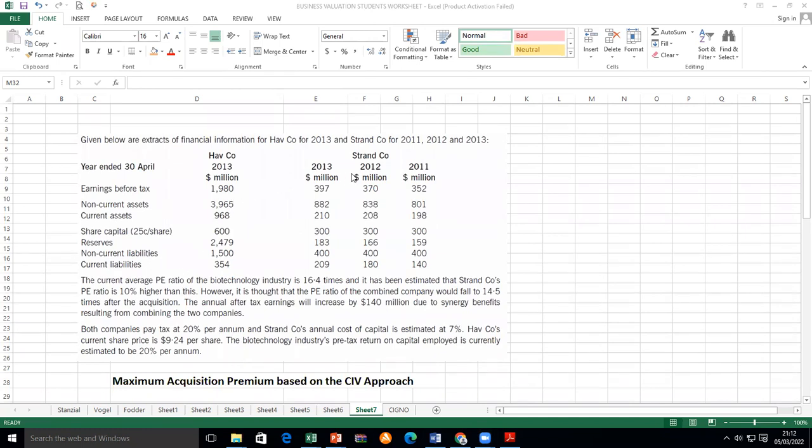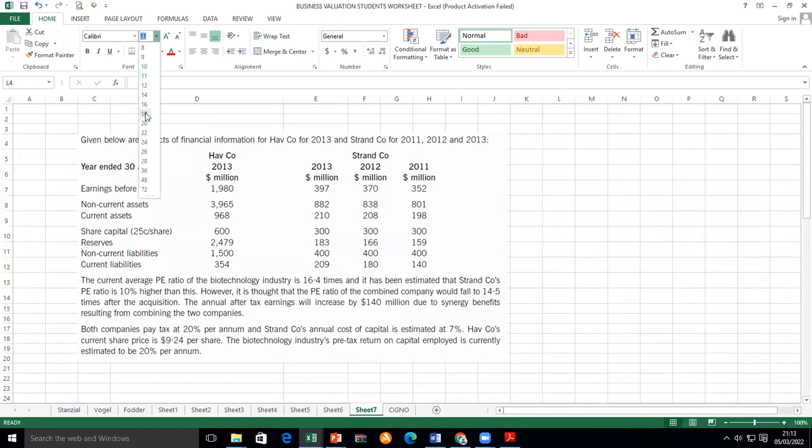What were the values before and after? Now remember that small table that we did? Let's do that table again. So here we call our companies H and S, and we've got a combined company, HS. Here individual, and there combined.